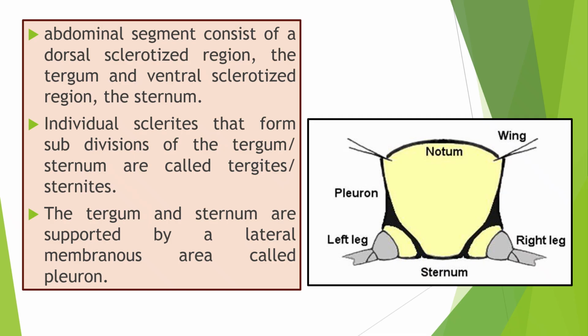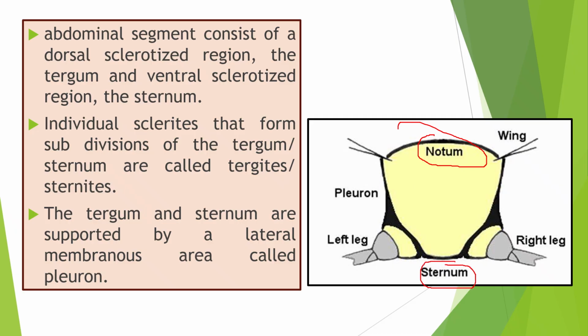Abdominal segments mainly consist of a dorsal sclerotized region called the tergum or notum, and a ventral sclerotized region called the sternum. You can see the dorsal sclerotized region, notum or tergum, and the ventral one is called the sternum.